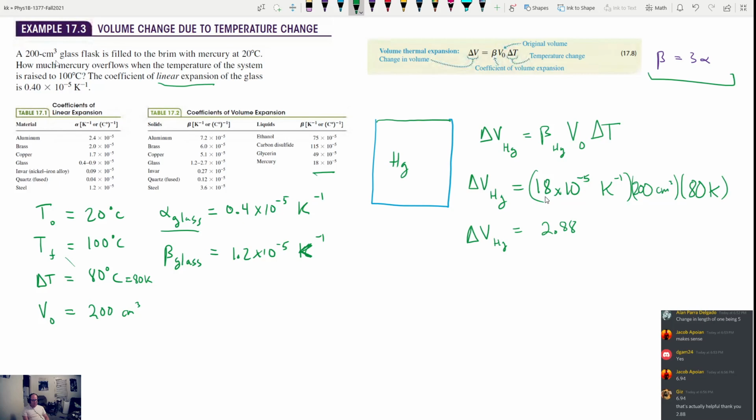Do you all agree? I mean, it's probably right. I was just trying to do it in my head. Eight plus 6 is 14, oh yeah, 14 plus 4 is 18. Okay, 2.88. That's right. Alright, so this is the change in volume.